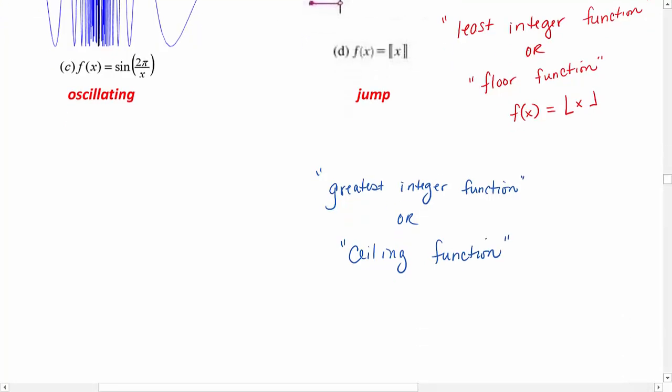And it's denoted very similarly. It would look like, let me use g of x, g of x is equal to, but the little bars are at the top. I always feel like that gives me a visual cue to know that I'm rounding up.